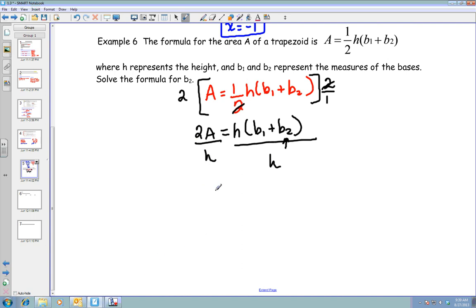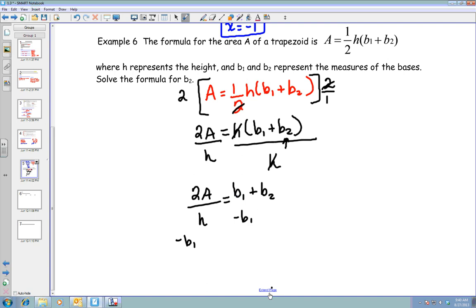So now I'm going to write down what I have left. 2A over h equals, these h's cancel, and I have b1 plus b2. Now that makes it look really easy. If I'm solving for b sub 2 and b sub 1 is being added to it, I need to subtract b sub 1 from both sides.